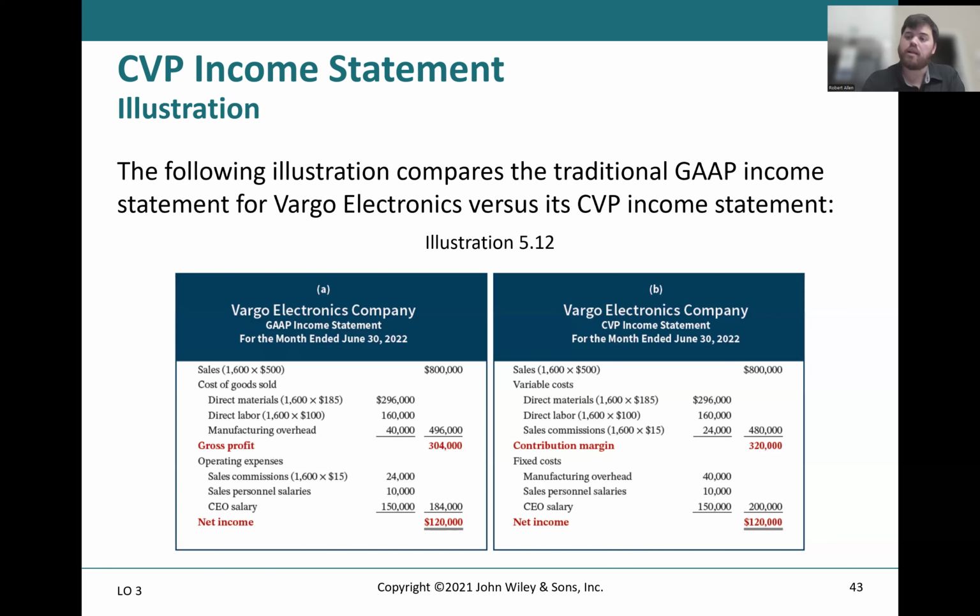You need to be very clear about those things because not only could they potentially be test questions about which line item would appear here or there, or which would not appear here or there, but they're fundamental to understanding how we get to contribution analysis or break-even analysis next lecture. So it's very important that you understand what the goal is here. And the goal is to better understand our cost structure. By using the CVP income statement, we can more clearly identify how my costs behave.